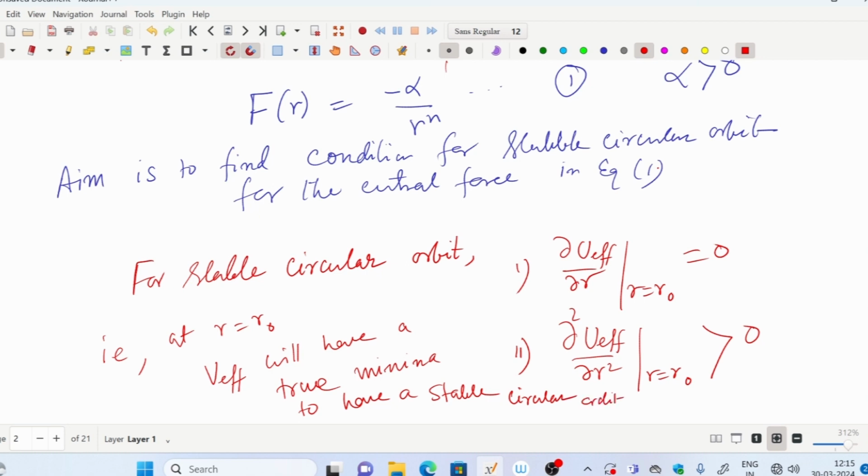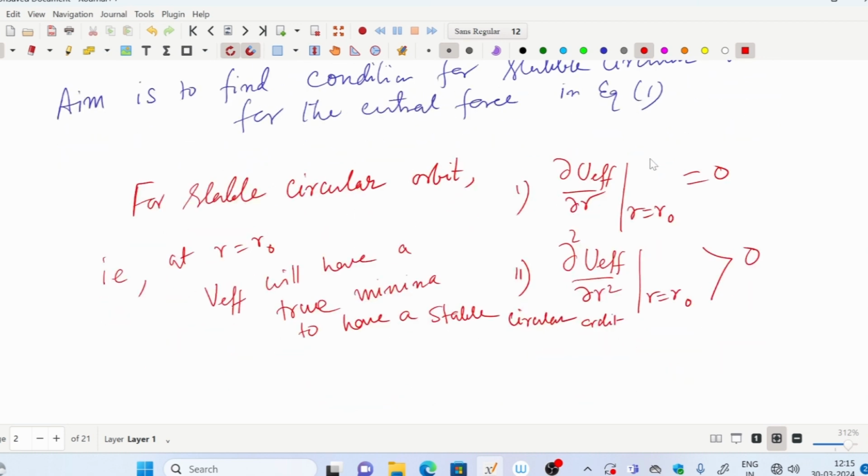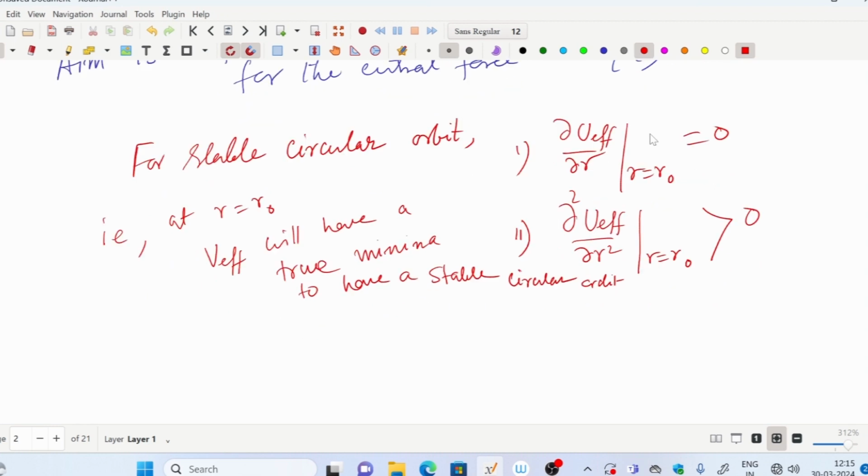So we will find what will happen in this case. Okay, so let us start. Our force F(r) is given as minus alpha r to the power n. Let us calculate the effective potential.